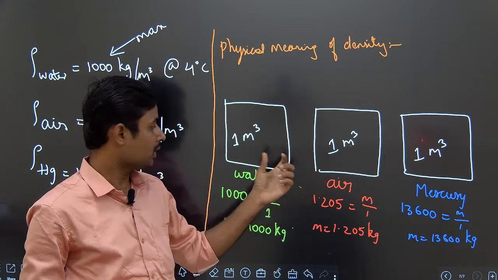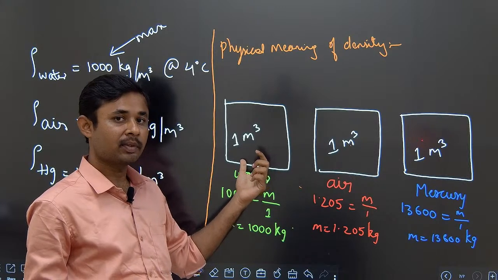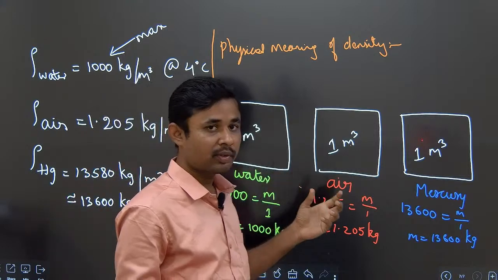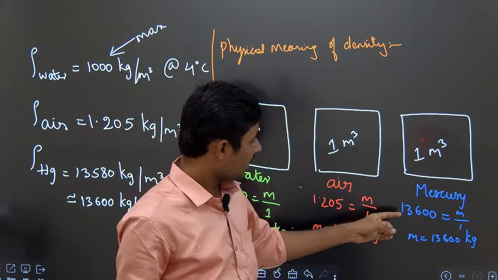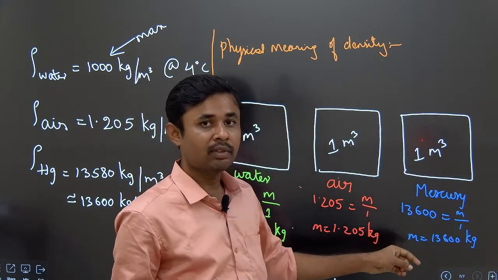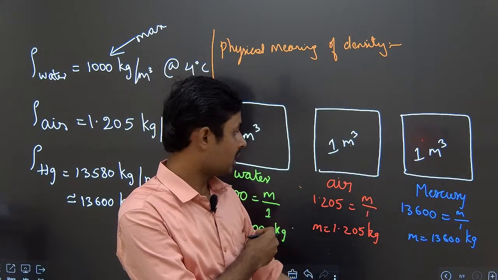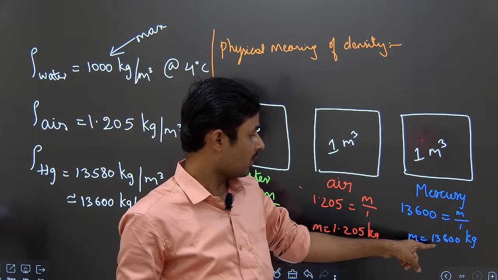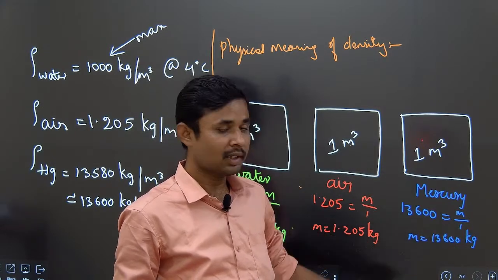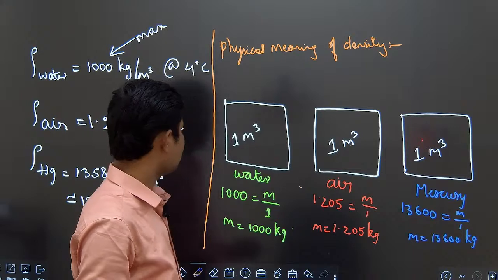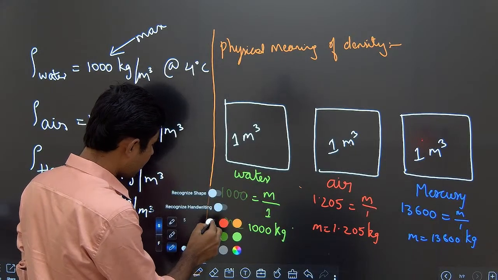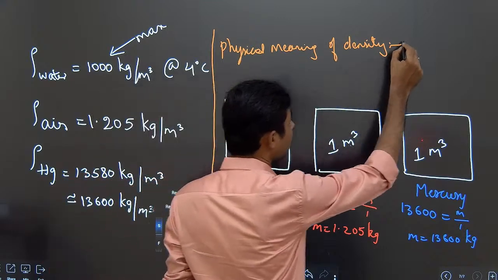If you want to lift the water container, it requires a little amount of force, a little amount of energy, right? Then if you look at the mercury, it will be very difficult to lift with our hands, because it has 13,600 kg. So what does it mean? The density of a material indicates the heaviness of the fluid.